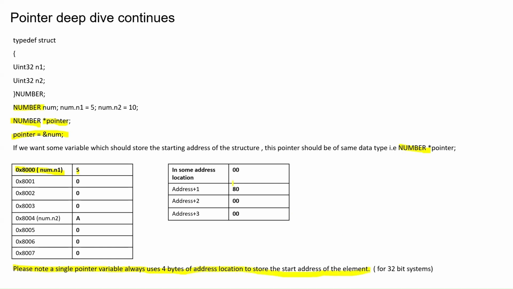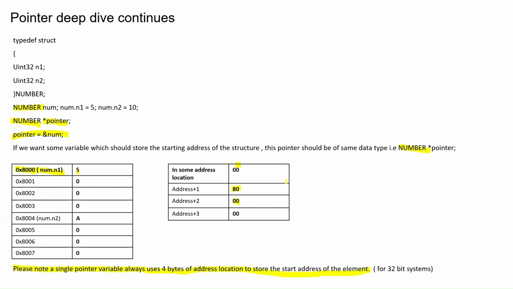So if you have 8000, then the 00, the LSB part, will be stored in the starting location, followed by 80. I'm not showing the other bits, since these are all 0, that is the reason you are able to see 00.